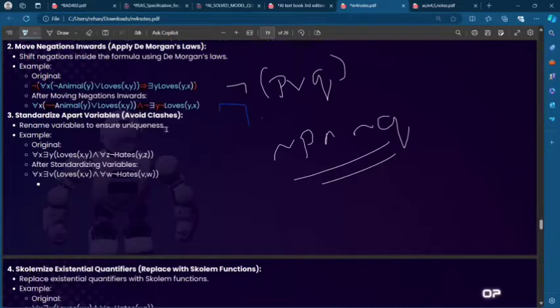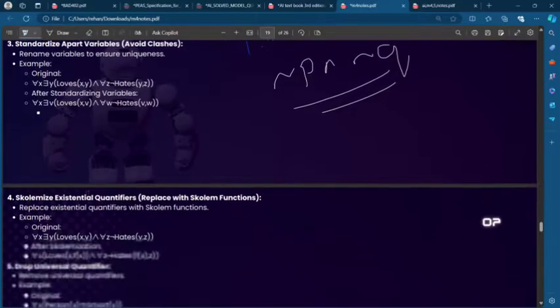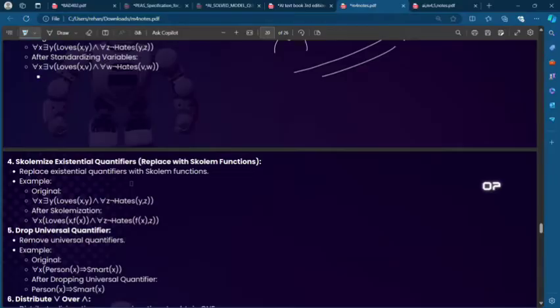Then standardize apart variables, avoid the clashes, rename variables to ensure uniqueness. So all variables should be unique. You should not use the same. For example, you're using love, and another way you're doing loves. So only one letter difference, S and another S is not there. So don't keep like that. Skolem is constant.